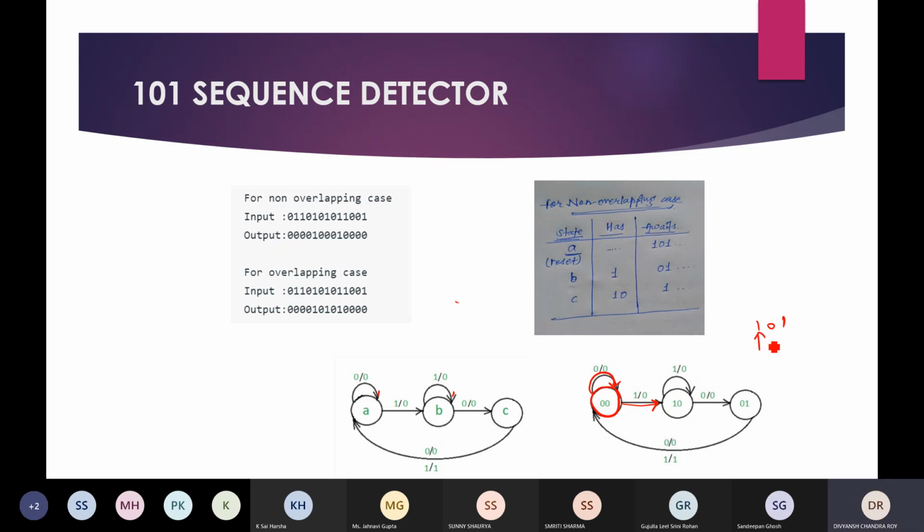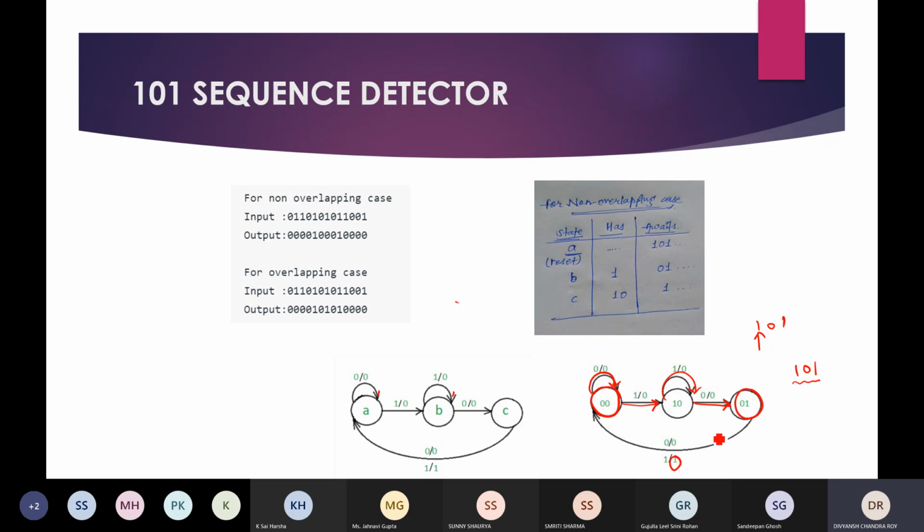I have detected 1, and if I get 0, I move to the next state. Otherwise, if I get 1, that may be part of the next sequence 101, so I stay at the same state. Now I have detected 1 and 0, and if I get 1, my sequence is detected.